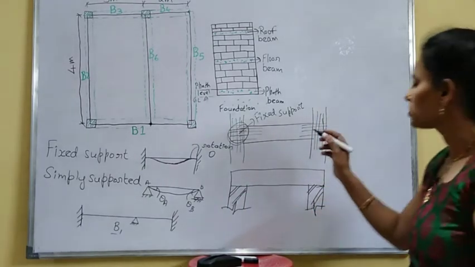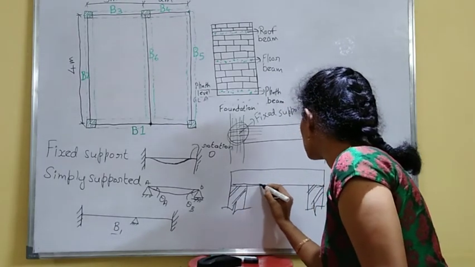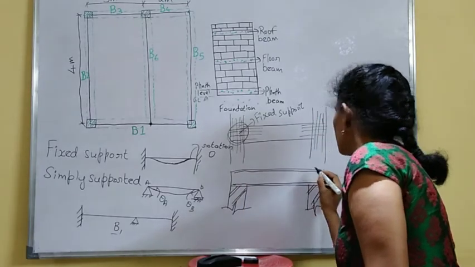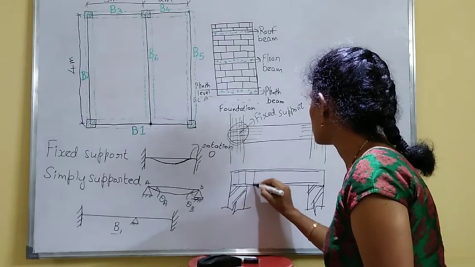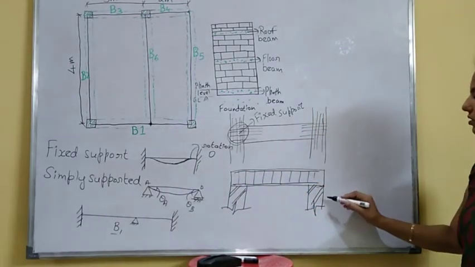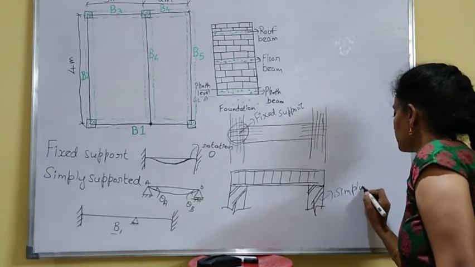In that case, the beam reinforcement will be like this. This is your positive reinforcement, our bottom reinforcement is negative reinforcement, and this will be a stirrup. So this is a simply supported support.